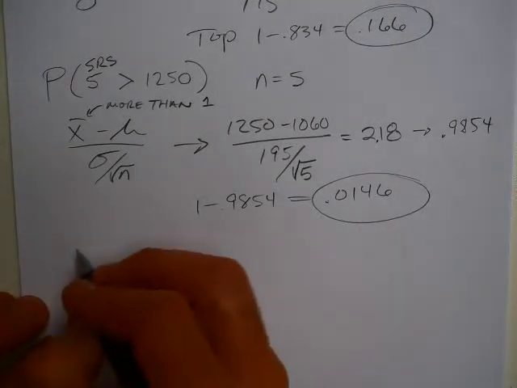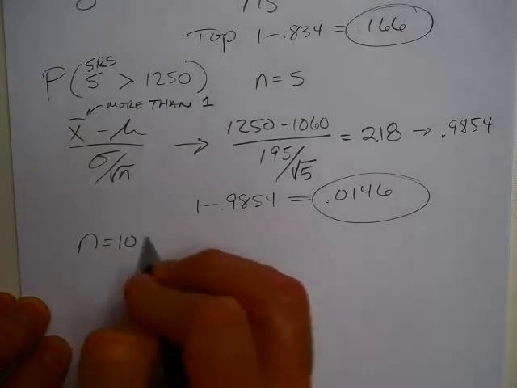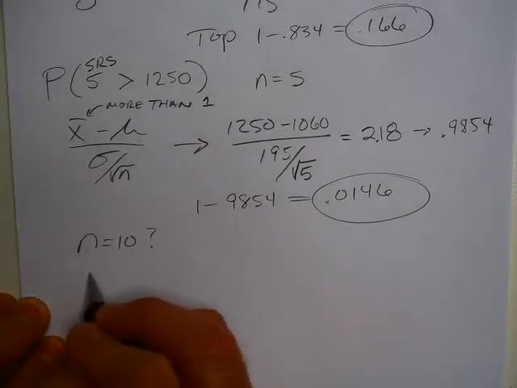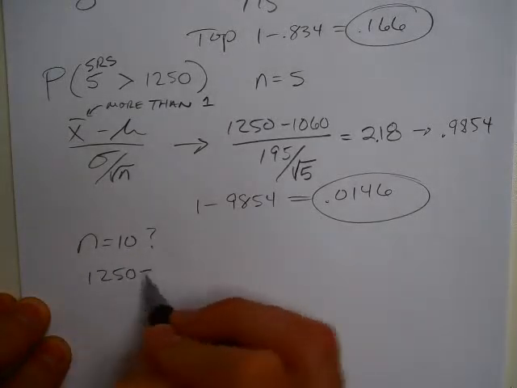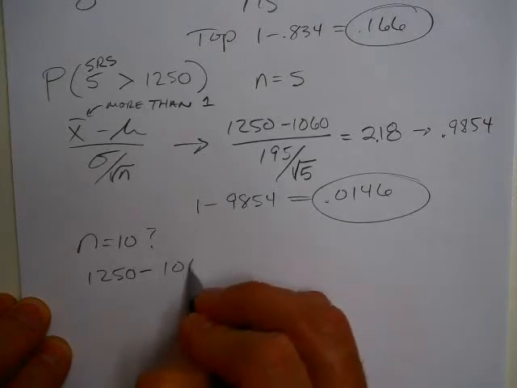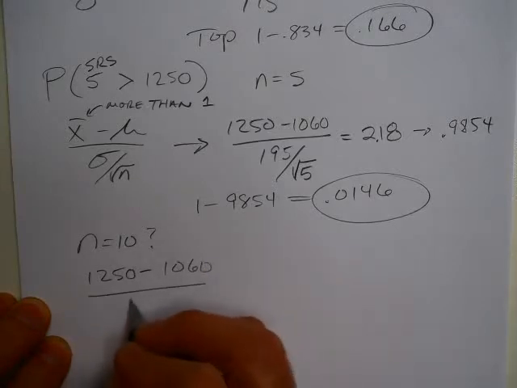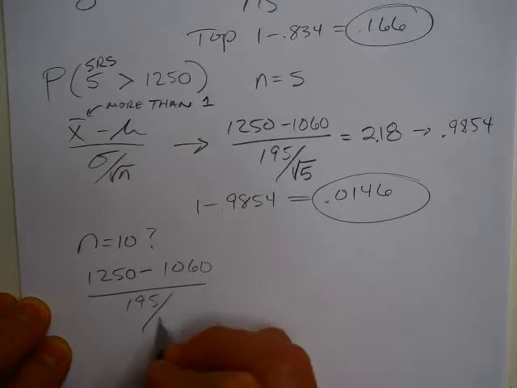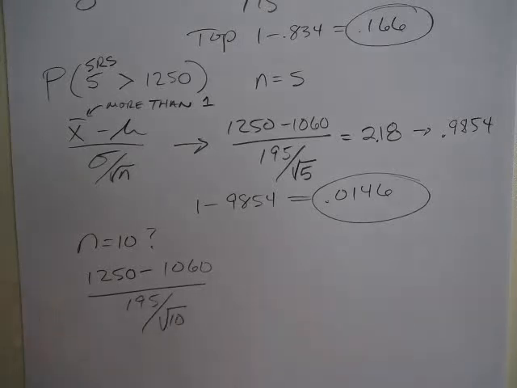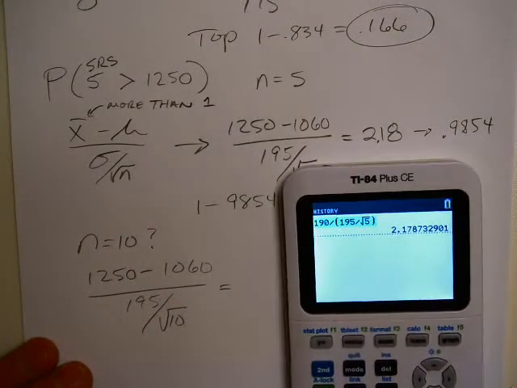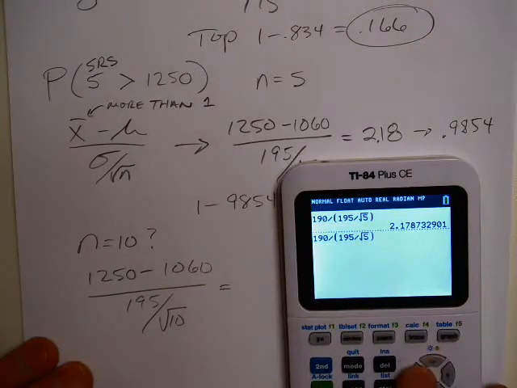So let's say n equals 10. I'm going to cheat here. I'm just going to take what I have in the calculator and copy it and change the 5 to 10. Is that cheating? I didn't think so.